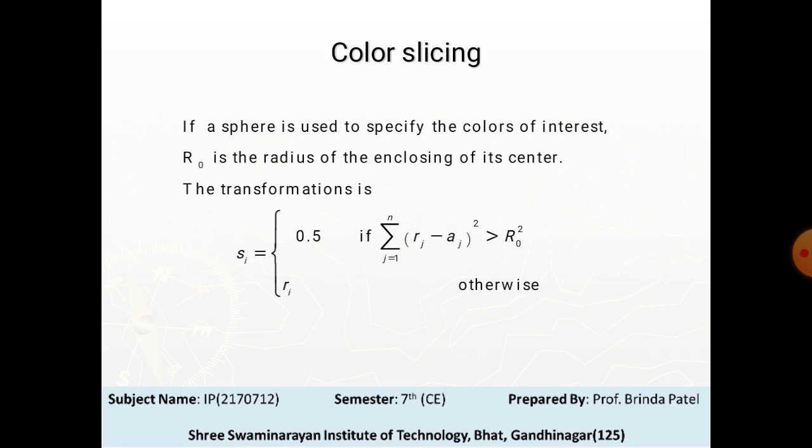Here r0 is the radius of the enclosing sphere, and a1, a2, up to an are the components of its center, meaning the prototypical color. Here we can also implement multiple color prototypes and reduce the intensity of the colors outside the region of interest rather than setting them to a neutral constant.